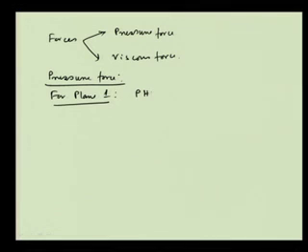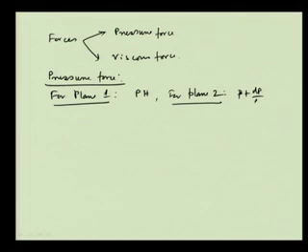For plane 2, it is minus of, acting in the opposite direction, P plus dP/dx into dx, and the whole thing into H. So this is the change in pressure, and these act in opposite directions to each other.